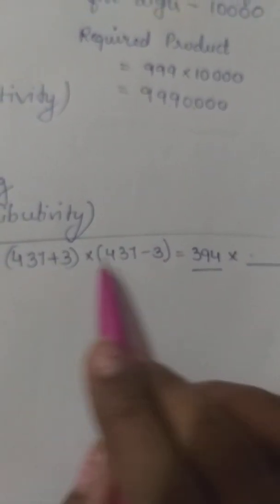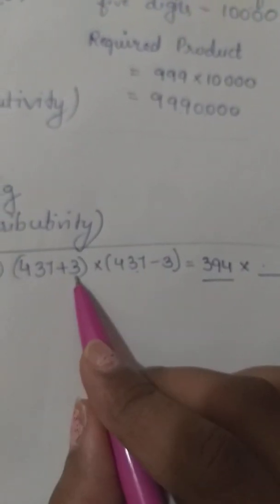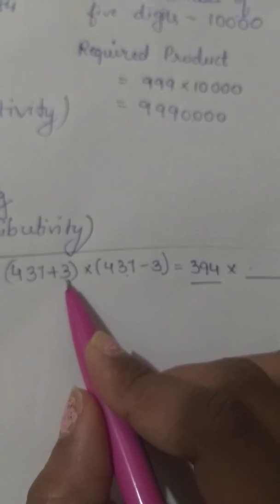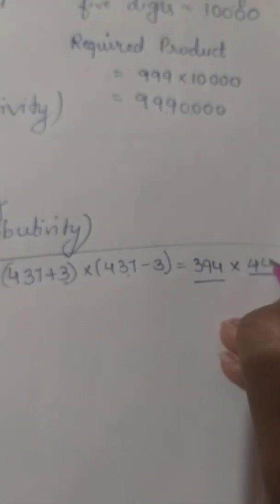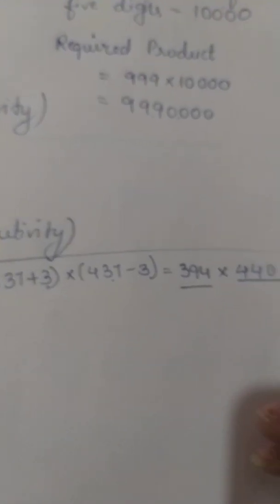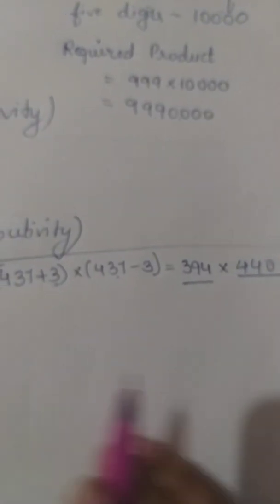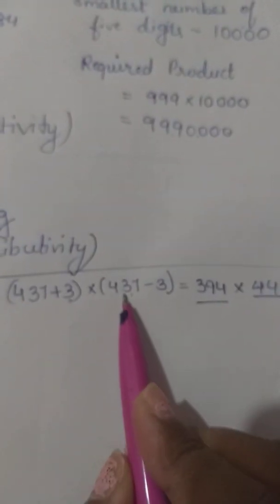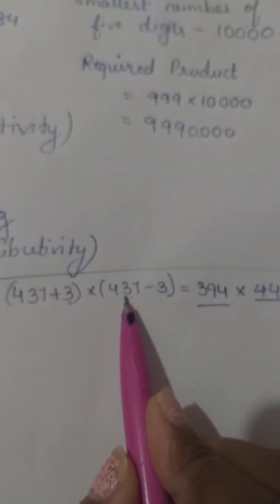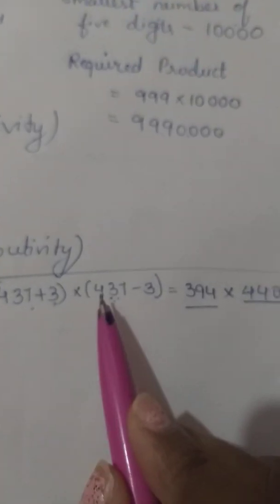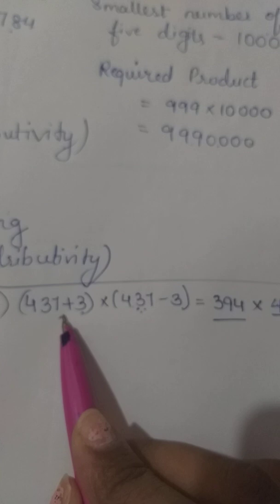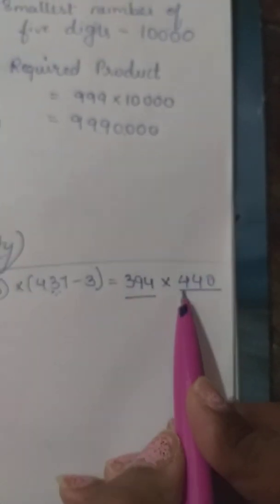So from these two, one is given and one is not given, and we'll find the missing one. 437 plus 3 is 440. You have to use a tactic in which you see whether it is given or not. Yes, this is given and this is not given, so you have to find the non-given number, that is 440.